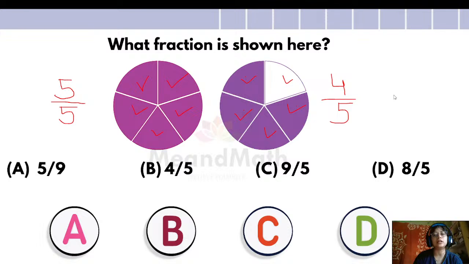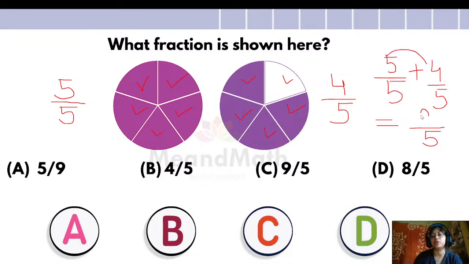That means the total would be 5 out of 5 plus 4 out of 5. The denominator does not change, it remains 5, and we are only going to add the numerators, which is 5 plus 4, 9.